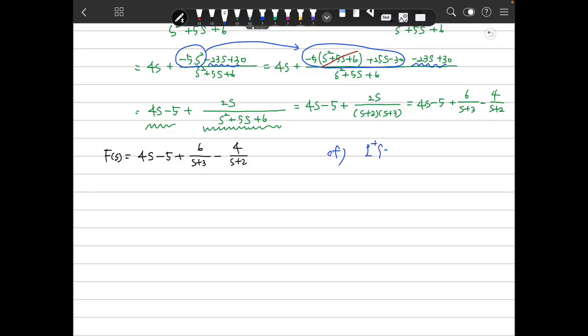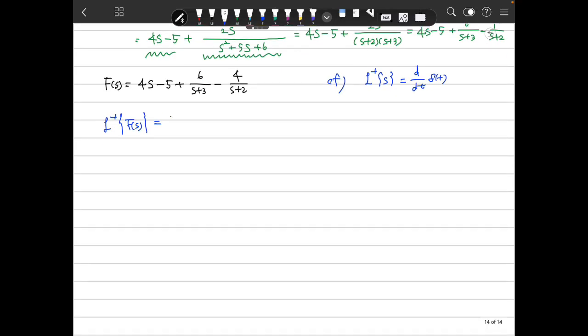The inverse Laplace of s will be the derivative of the delta function. Then F(s) will be the inverse Laplace of 4s minus the inverse Laplace of 5 plus the inverse Laplace of 6 over (s plus 3) minus 4 over (s plus 2).